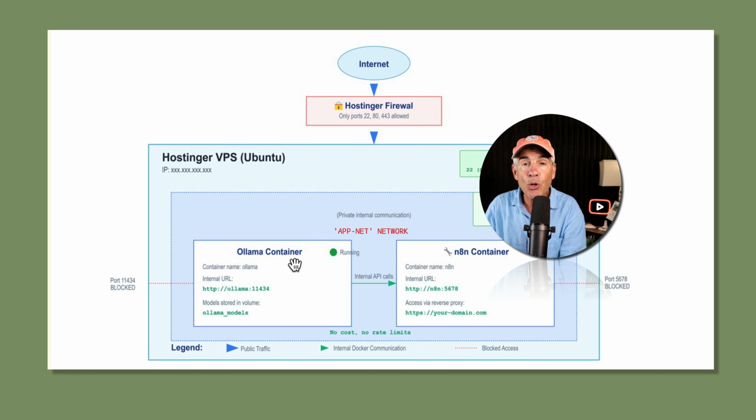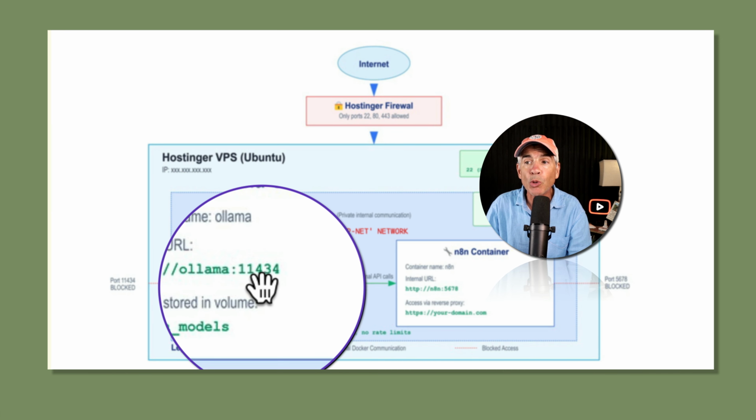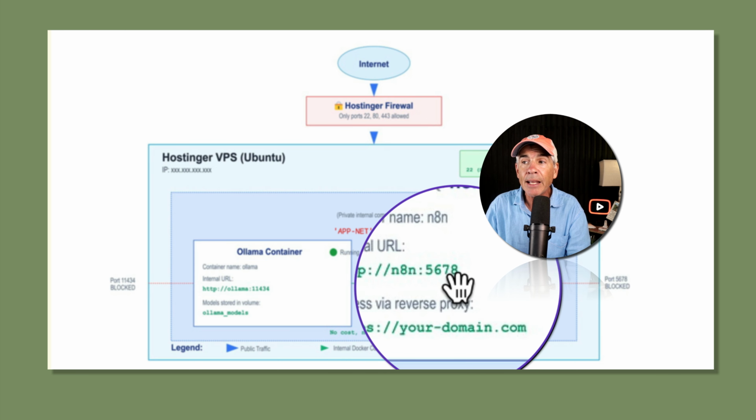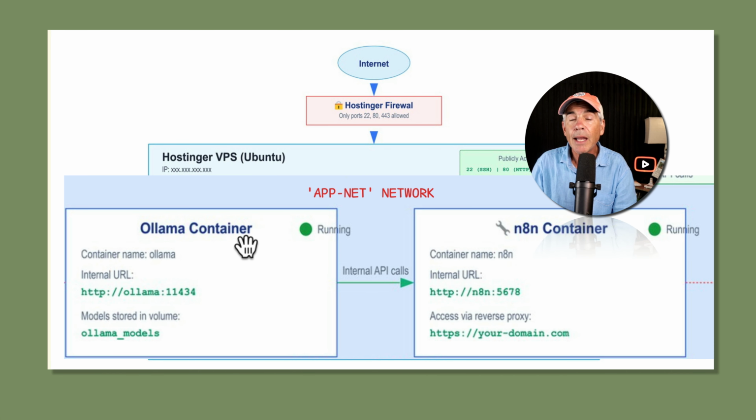When you add new Docker containers on your VPS, the Docker containers are automatically assigned a port number. So remember we talked about Ollama's port was 11434 and n8n is 5678. And each Docker container has their own internal URL where they can be reached on the VPS.